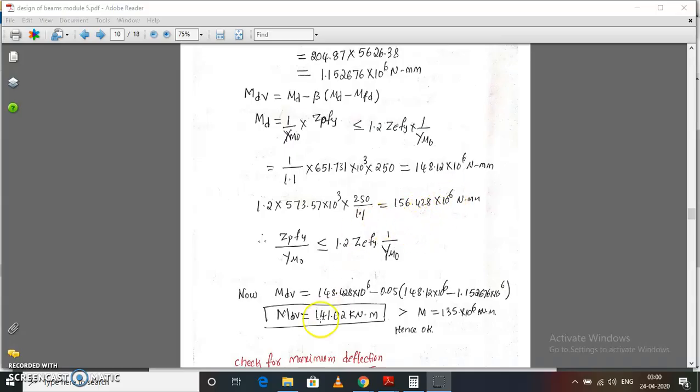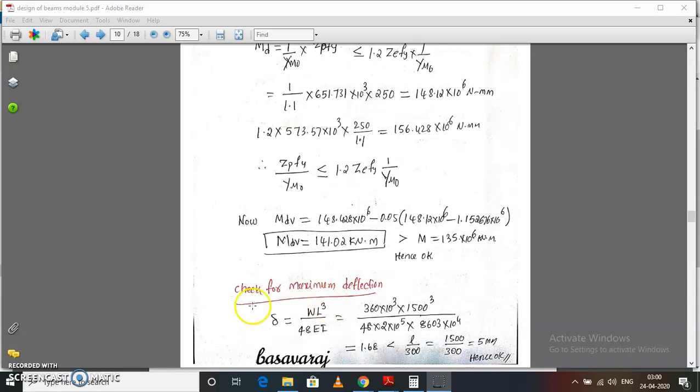That means this MdV is 141.02, which is less than 1.2 times Ze fy by gamma m naught, that is this value 156.42. MdV is 141.02 kilonewton meter, which is less than this much, hence it is okay.